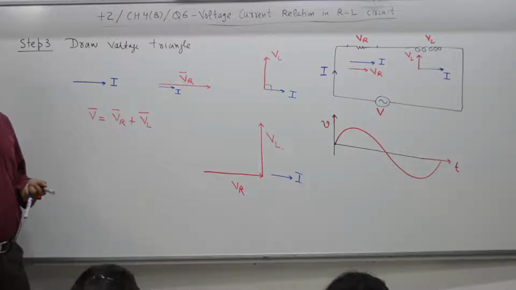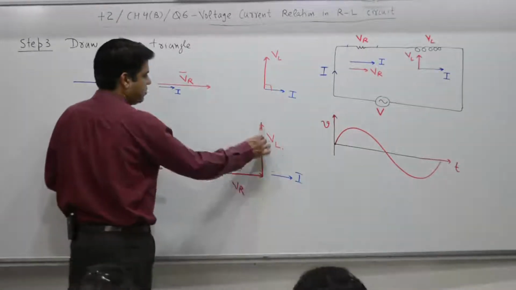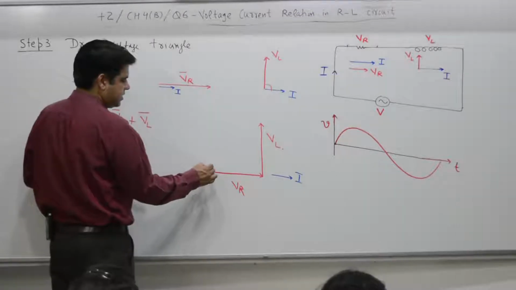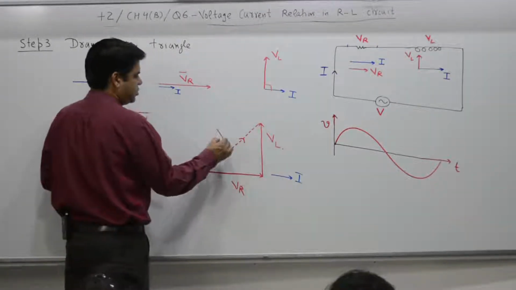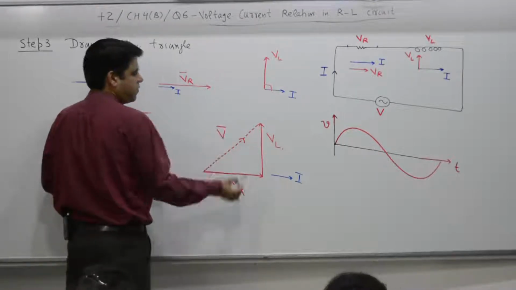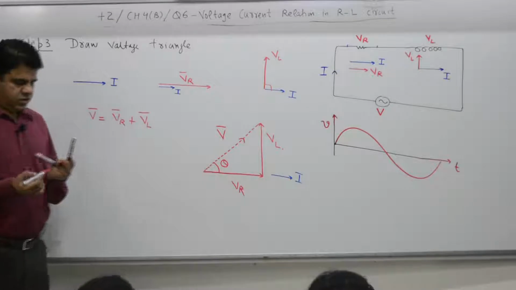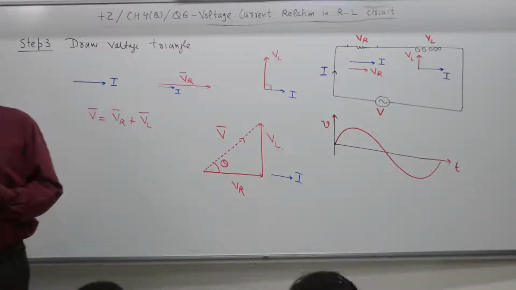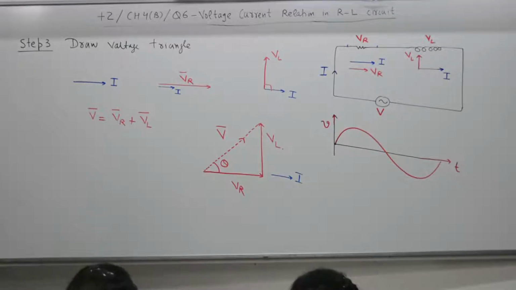Phasors follow the law of vector addition. If this vector is A, another is B, the resultant is A plus B along this line. So V. Let this angle be theta. Draw the voltage triangle. This is termed the voltage triangle.